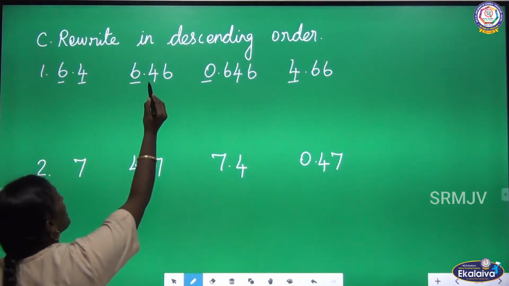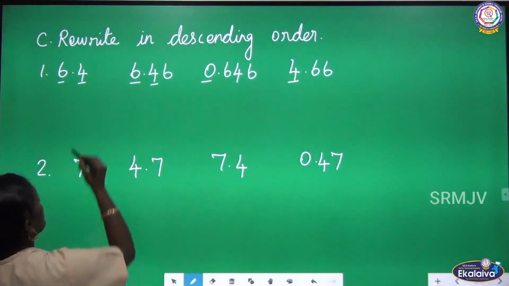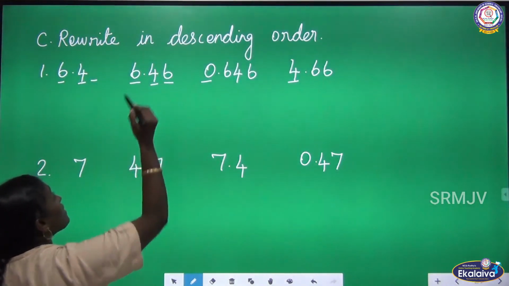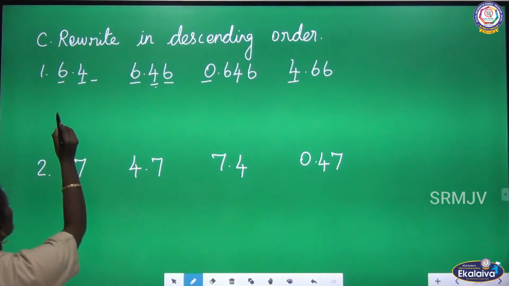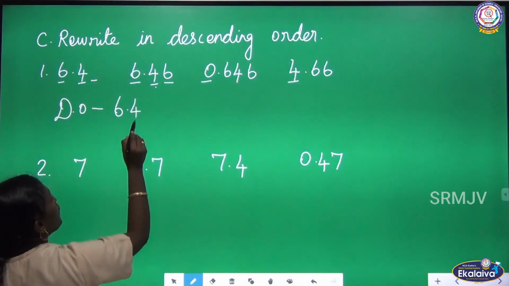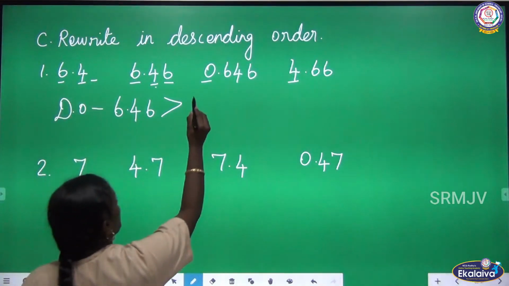So we have to check the first decimal place. In both the numbers 4 is there. So we have to check the next one. Here 0, here 6. So which is greater? 6.46 is the greater. So descending order, 6.46 is the greater. Then 6.4.